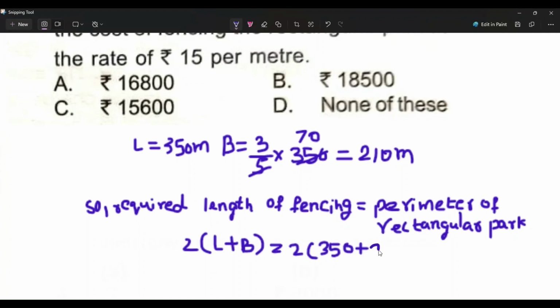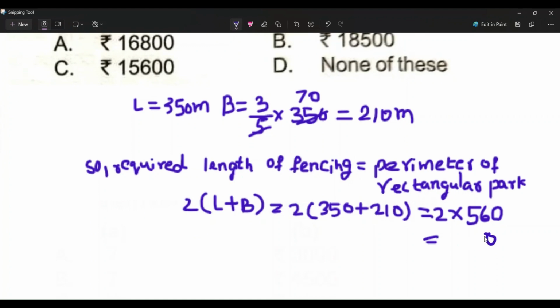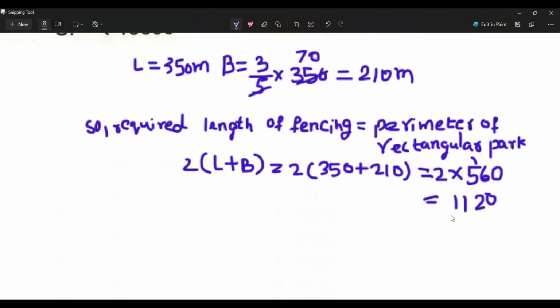B is nothing but 210. This is equal to 2 into 560. This is equal to 2 zeros are 0. 2 sixes are 12. 1 carry 2 fives are 10. 10 plus 1 is 11. So 1120 meters.